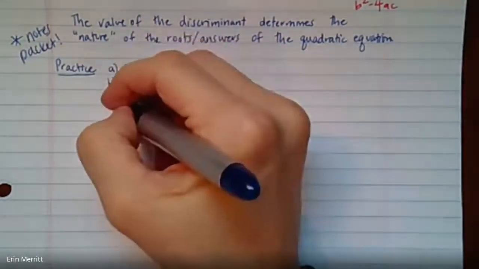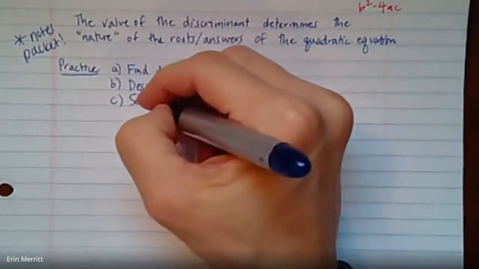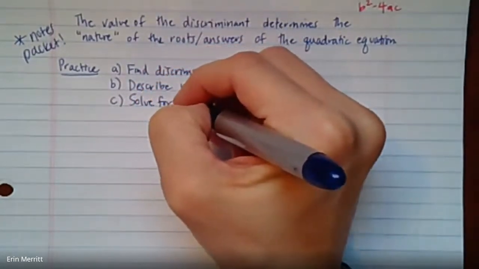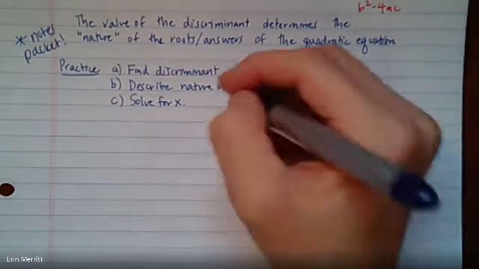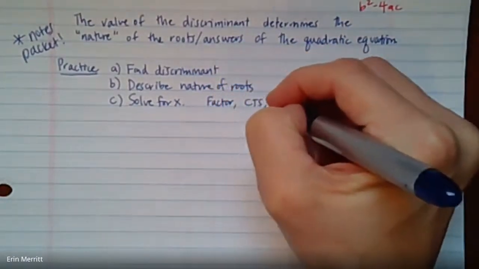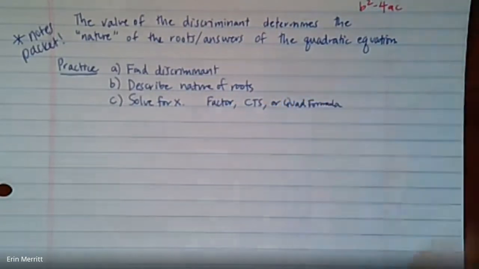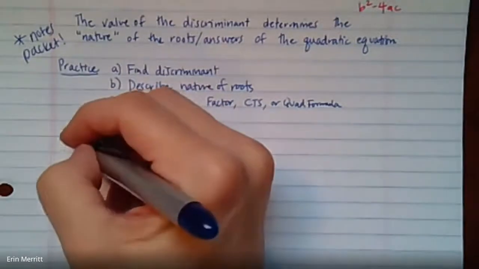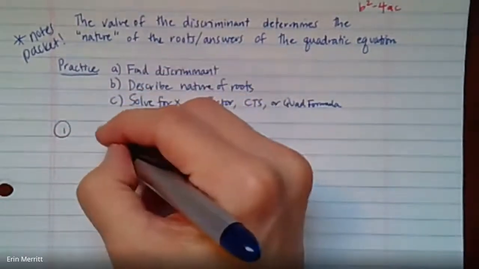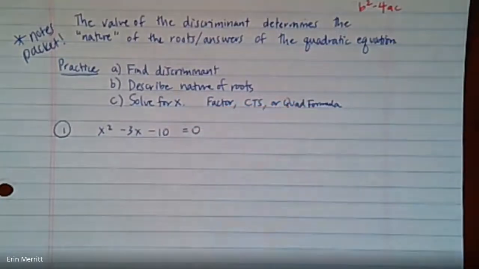And then part C, once we do that, we're going to solve for x. Your options for that: factor, complete the square, or quadratic formula. Okay, let's try it. So for number 1, we've got x squared minus 3x minus 10 equals 0.